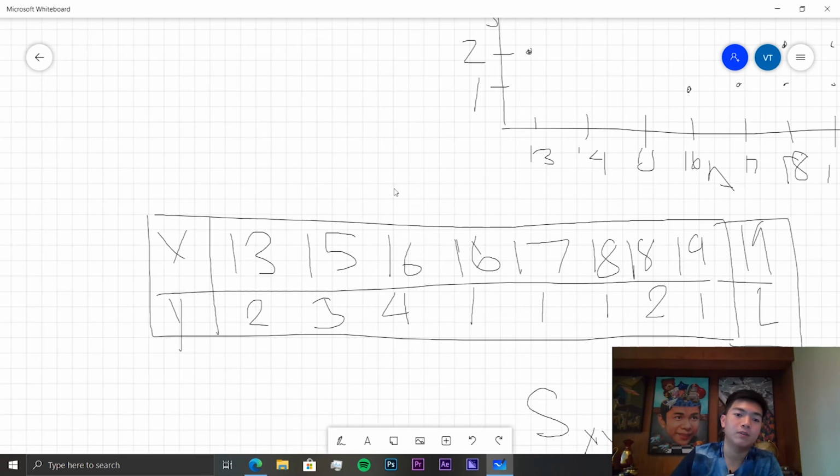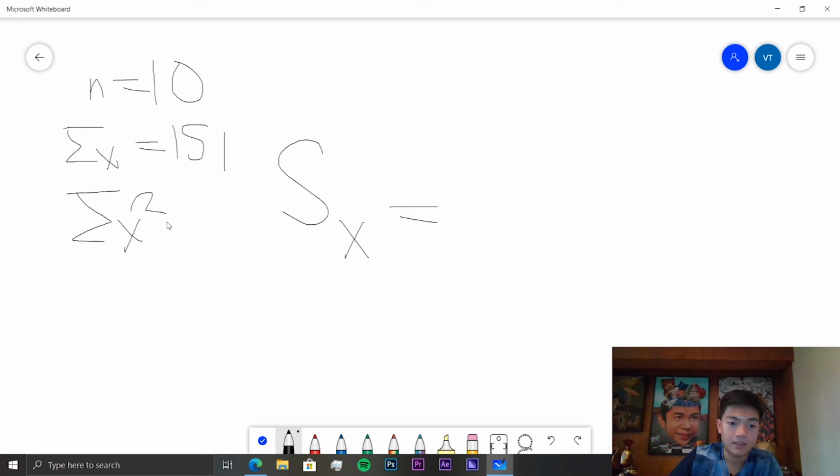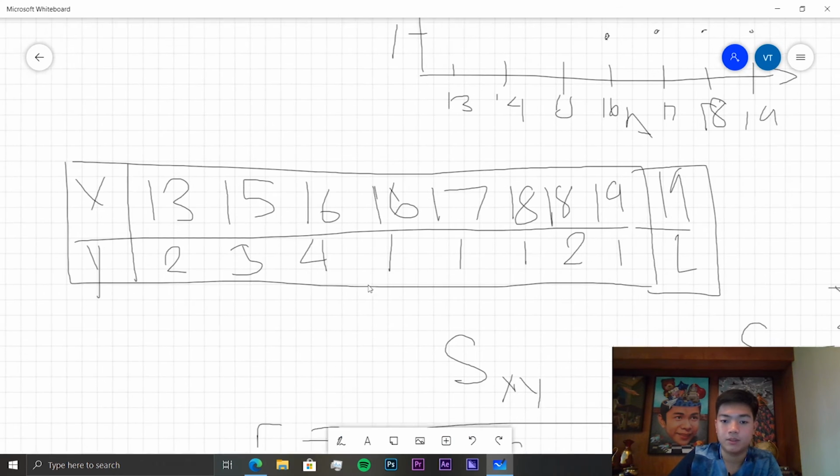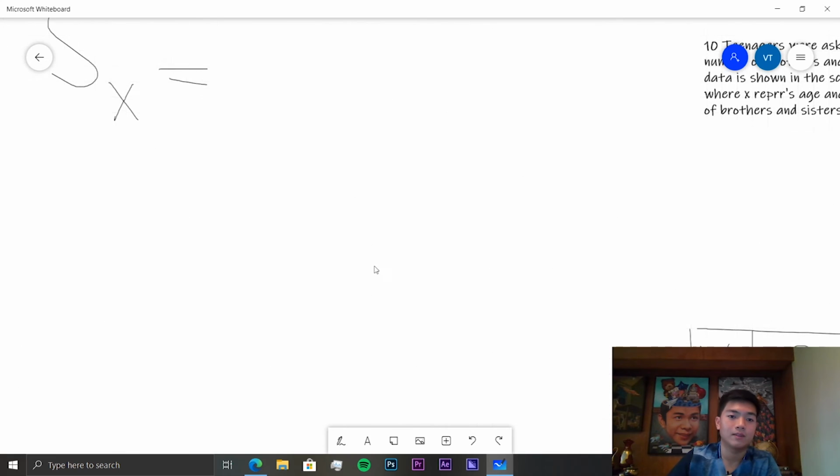So we get 151 as the sum, and the sum of their squares is equal to 169 plus 225 plus 256 plus 256 plus 289 plus 18 squared plus 18 squared plus 19 squared plus 19 squared. And so we should get 2565 as the answer.